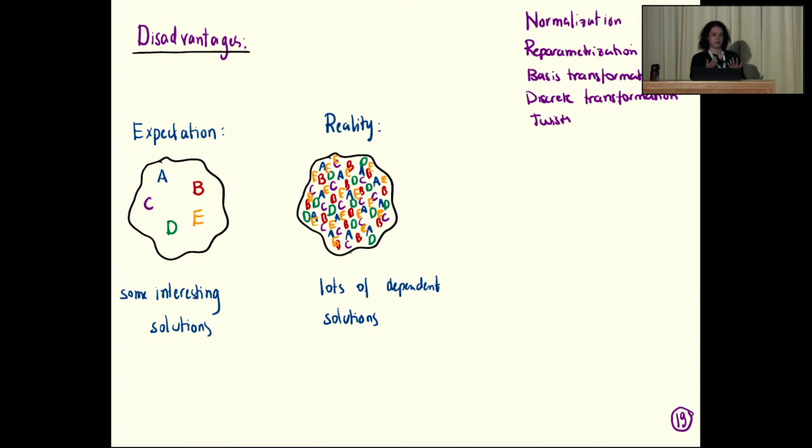So there are several types of transformations you can make on the R matrix that would preserve Yang-Baxter. And we have to find a way to distinguish this, and the method generates lots of dependent solutions. You can apply these transformations in different orders. For the cases we solved, they were quite manageable.